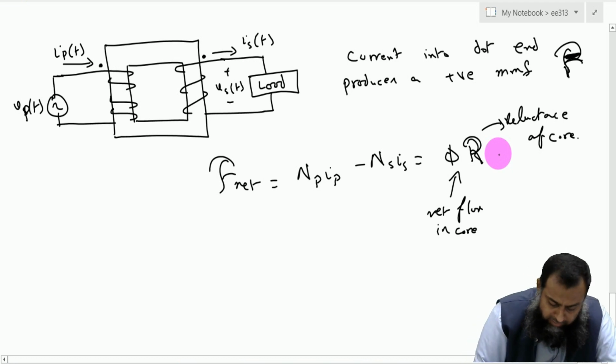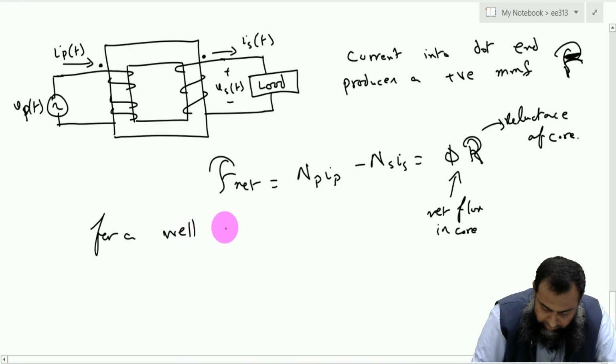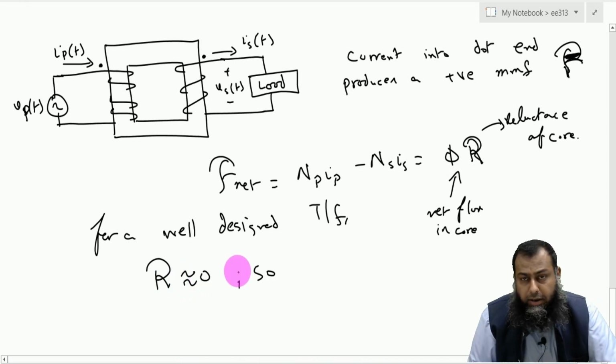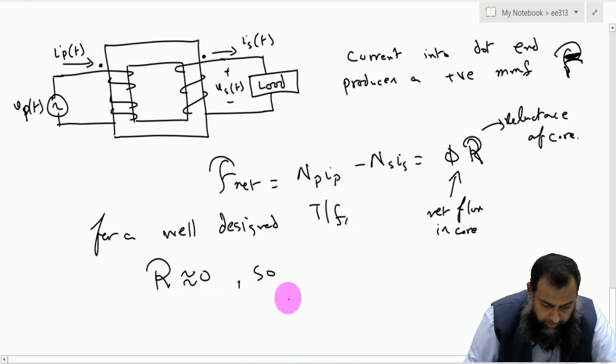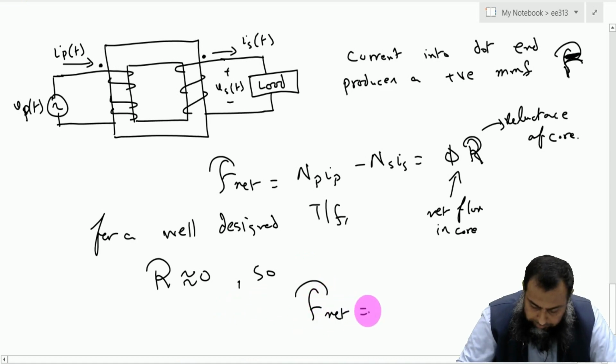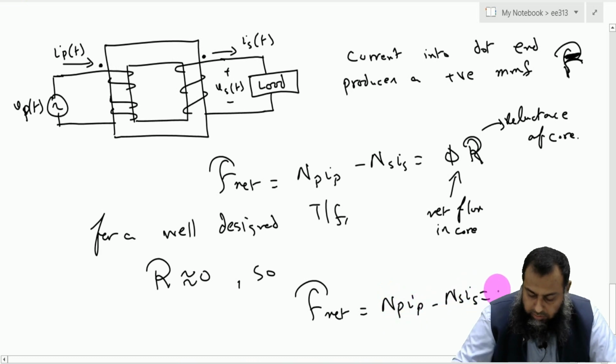So for a well-designed transformer, this reluctance R we can neglect. So it is approximately equal to 0. So you can see here that this F net is equal to NPIP minus NSIS, that is equal to 0.